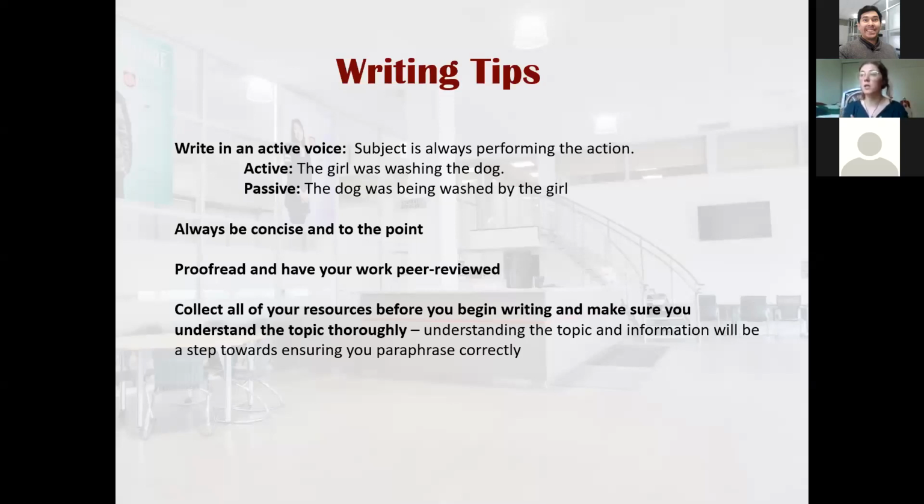Also, always be concise and to the point. This is really important. Sometimes students, or even myself, want to sound intelligent, and maybe I'm using a lot of extra words or words that I don't really know the meaning of in my writing, and it takes away from the point that you were trying to get across. So be concise, be to the point, and don't use extra words.